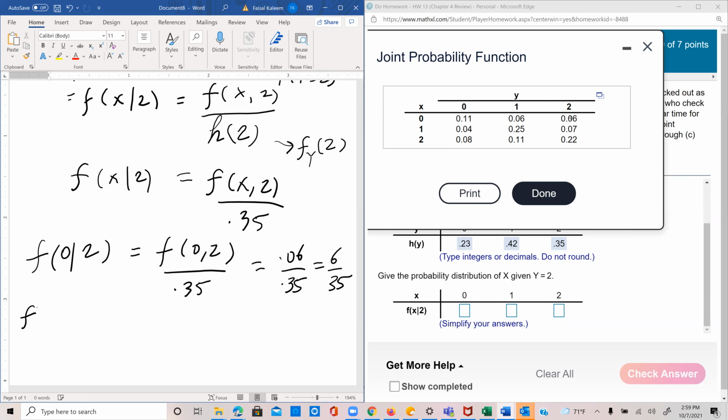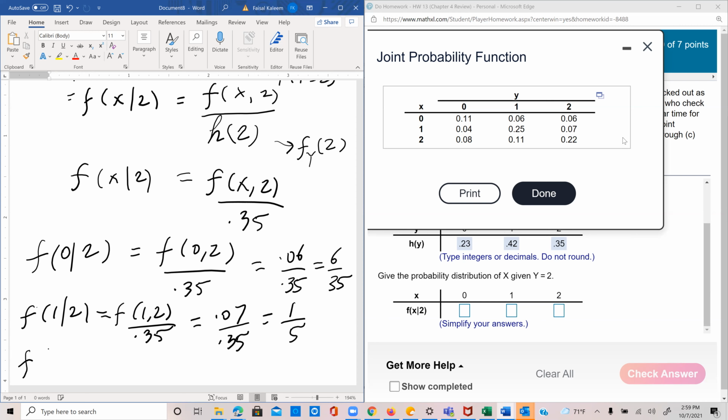Then f of 1 given 2 would be f of 1, 2 over 0.35. And f of 1, 2 from the table is 0.07. So that is 7/35, which is 1/5.